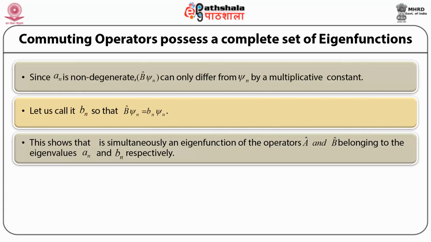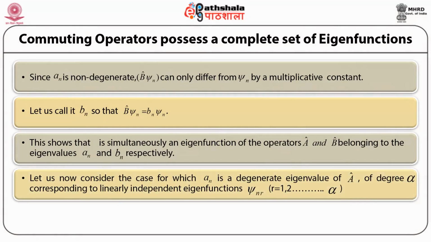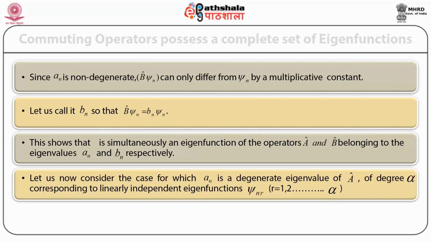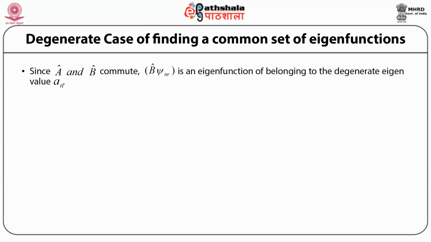Let us now consider the case for which An is a degenerate eigenvalue of operator A of degree alpha, corresponding to linearly independent eigenfunctions psi nr, where r takes up the values 1, 2 and so on till alpha. Since operator A and operator B commute, operator B acting on psi nr is an eigenfunction belonging to the degenerate eigenvalue An.